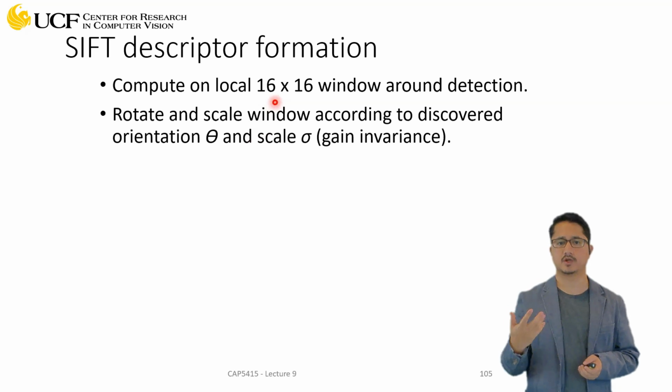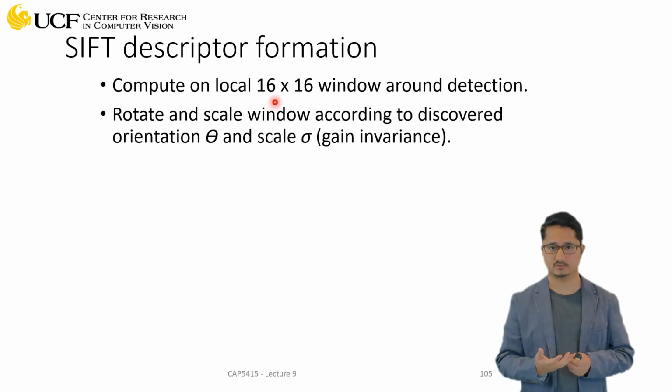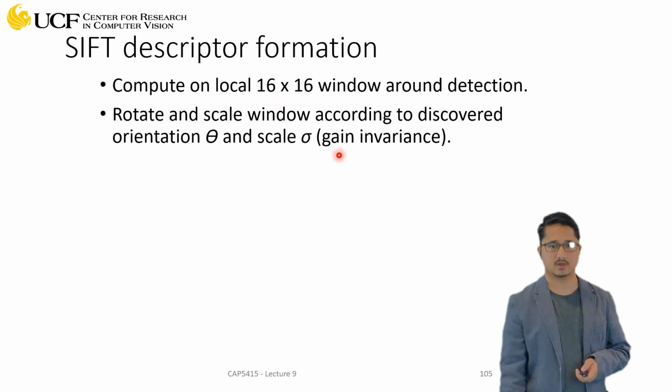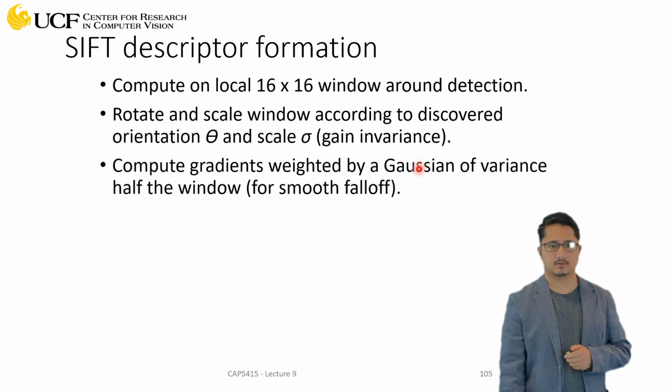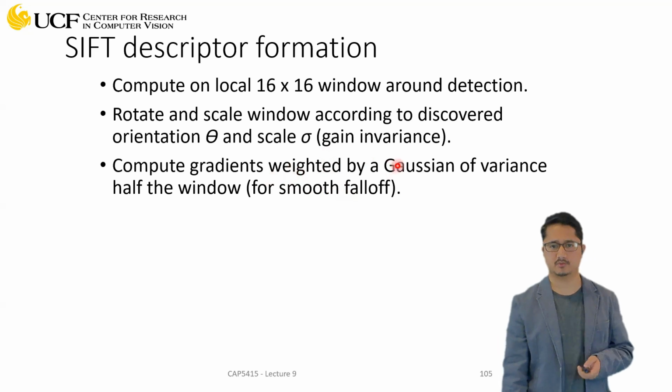Then you'll have to perform some kind of interpolation, or you can say extrapolation, to make it 16 cross 16. And then you can just compute gradients for that window. Again, you can use a smoothing filter or not. So all that is fine.